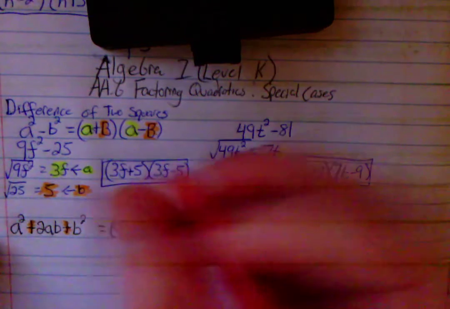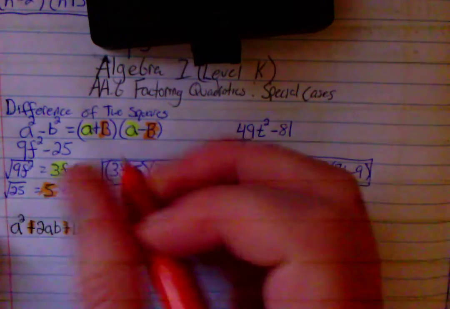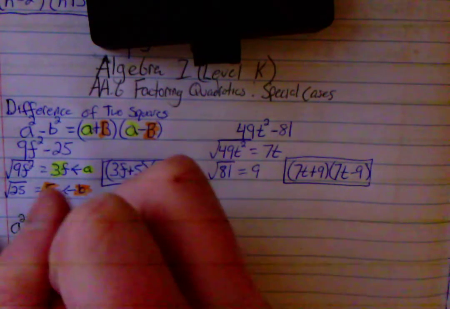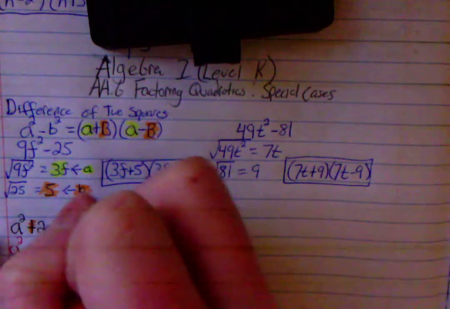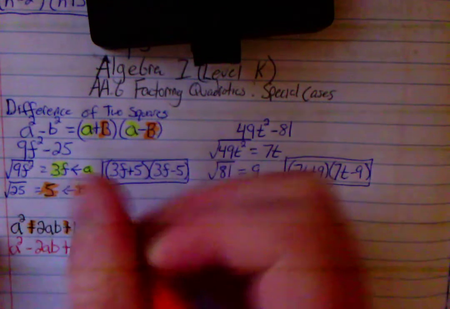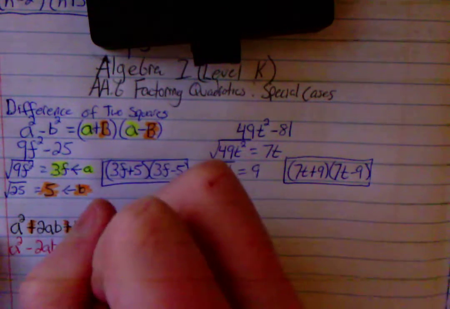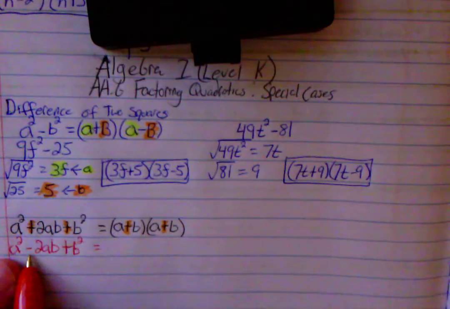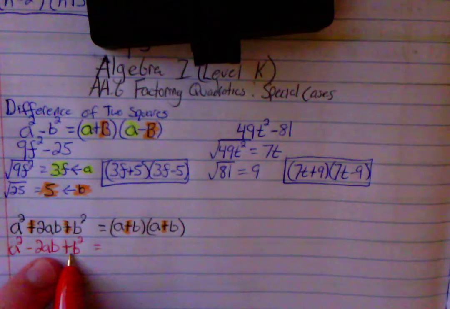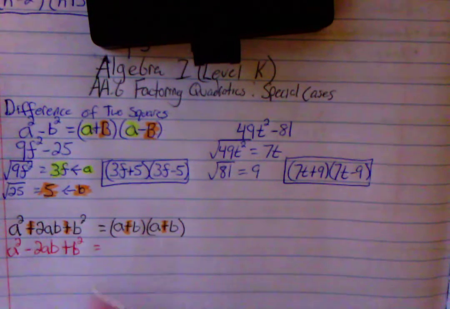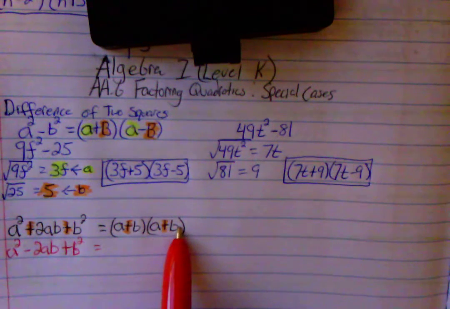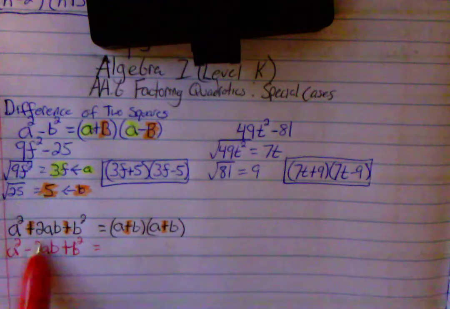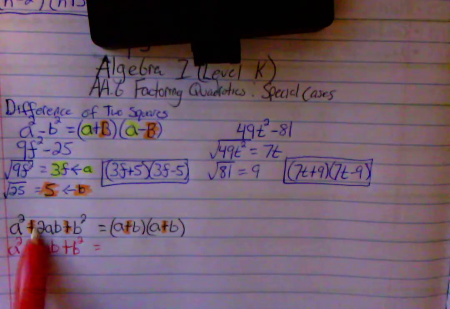The other perfect square trinomial that you'll see is a squared minus 2ab plus b squared. I have a minus sign here. However, I have a plus sign over here. And if I want b squared, I would have to do b times b. Here we have a positive times a positive, getting you a positive.